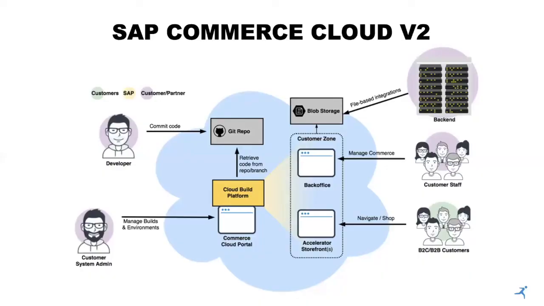So going into the next slide, as you can see from the image, the cloud infrastructure is quite straightforward. We can consider two main entry points. For the technical users on the left-hand side of the image, from customer or partner, the interaction with the cloud will mainly be via the SAP Commerce Cloud portal. From there, they will be able to deploy code changes, manage builds, manage the environments, and perform some of the DevOps tasks.